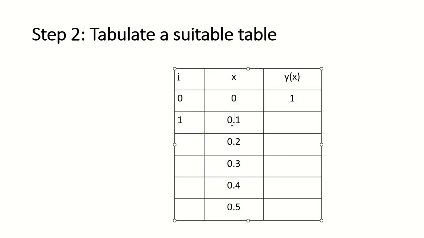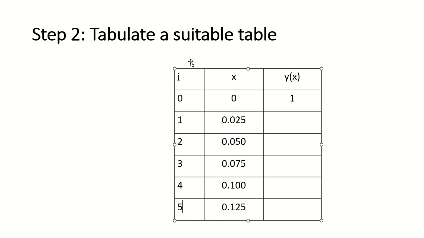As I mentioned, the step size will be 0.025. So let me complete this one: 0.025, 0.05, 0.075, 0.1. And then we move one more step. We try to have several steps: 1, 2, 3, 4 and 5.